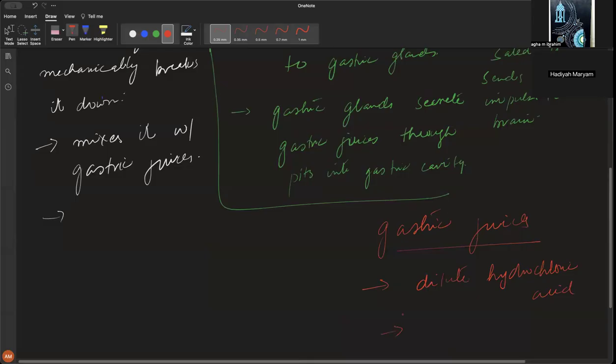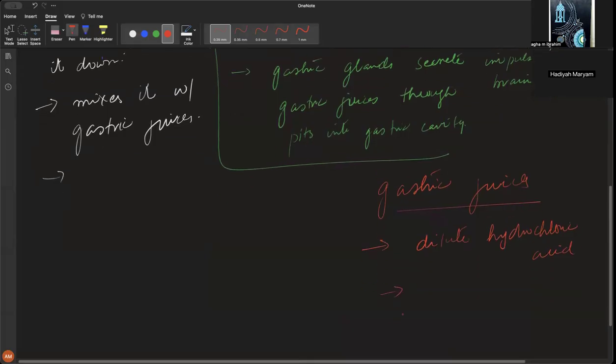What else? It has mucus, enzymes, pepsin. Pepsinogen. Right.